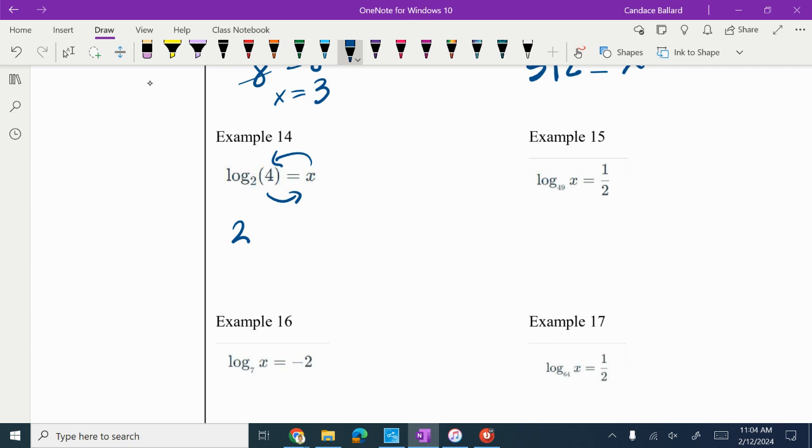What does my new exponent become? X equals 4. What's another name for 4? 2 squared. So my bases are the same, so X ends up equaling 2.